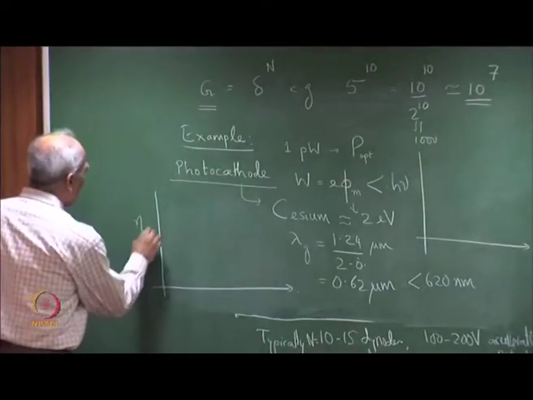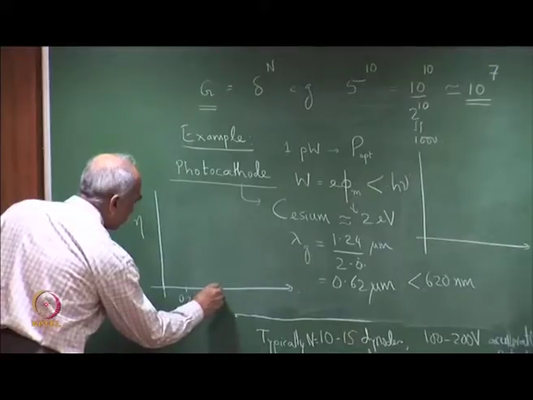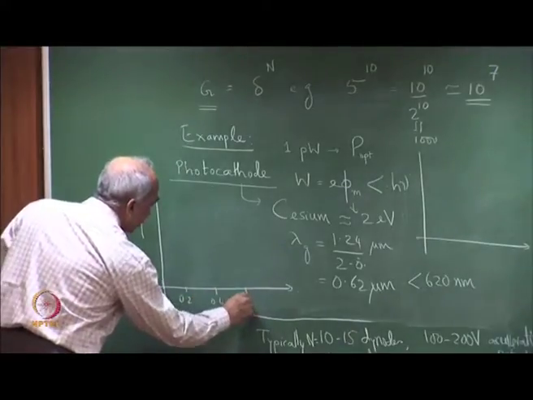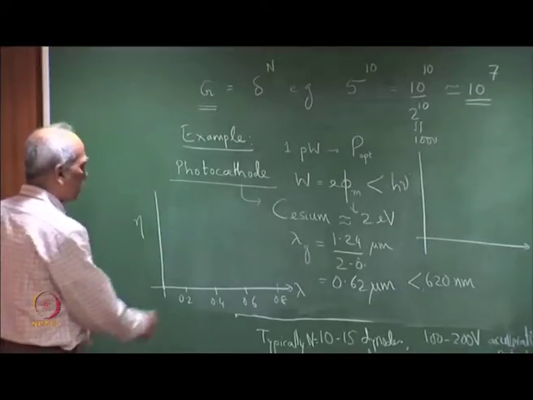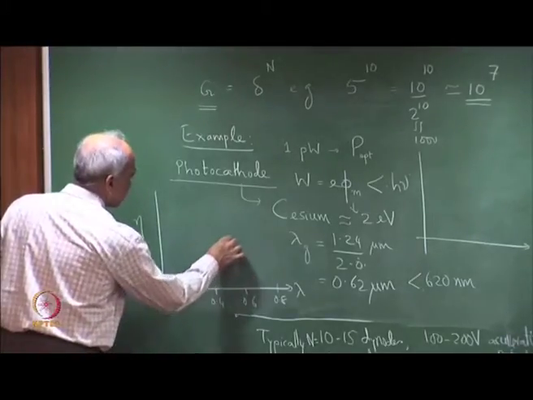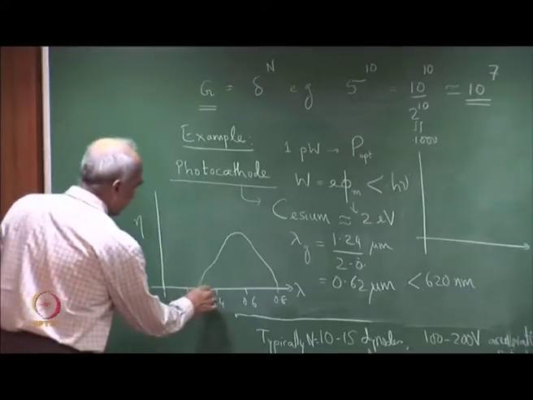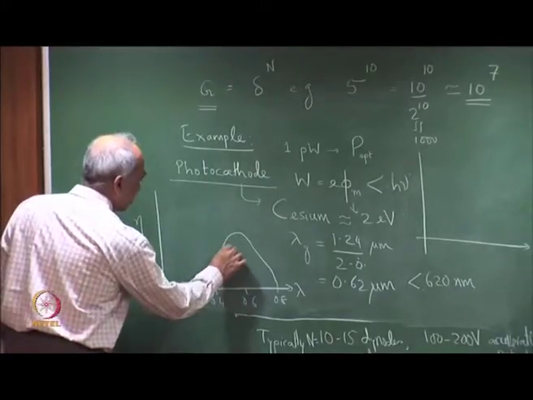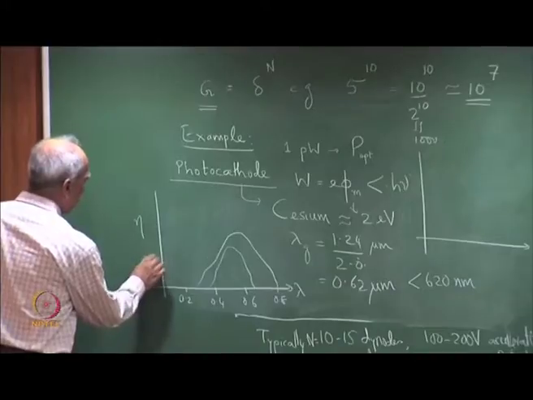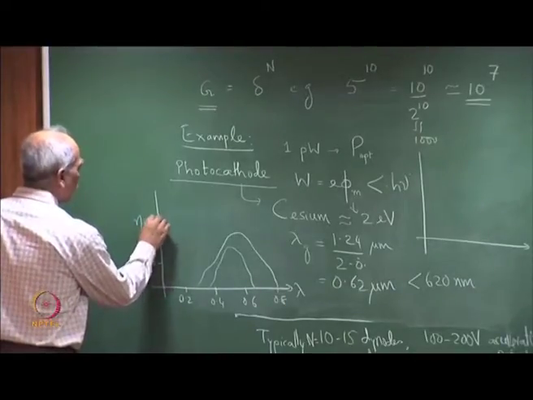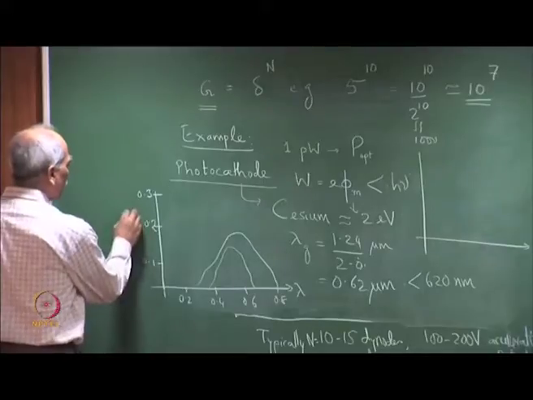the quantum efficiency eta versus wavelength. So, we typically have lambda versus eta, with wavelength axis 0.2, 0.4, 0.6, 0.8, and the numbers here are about 0.1, 0.2, 0.3 for eta, the quantum efficiency of the detector.